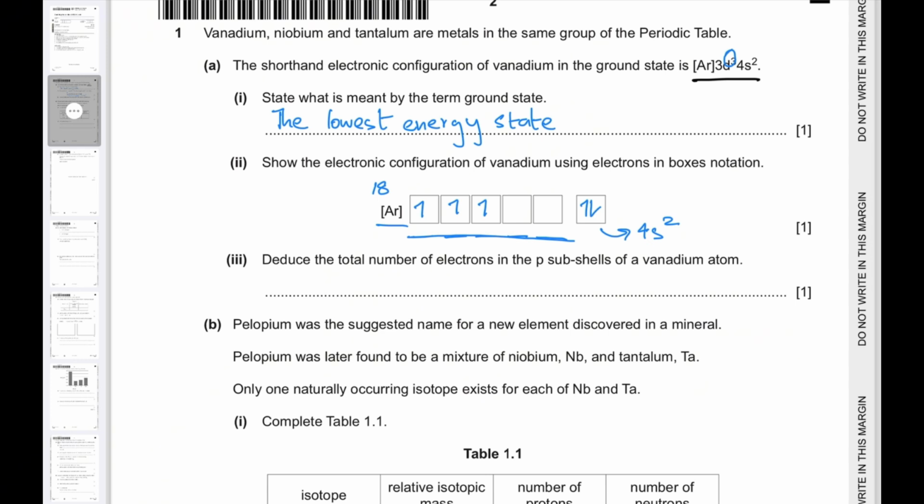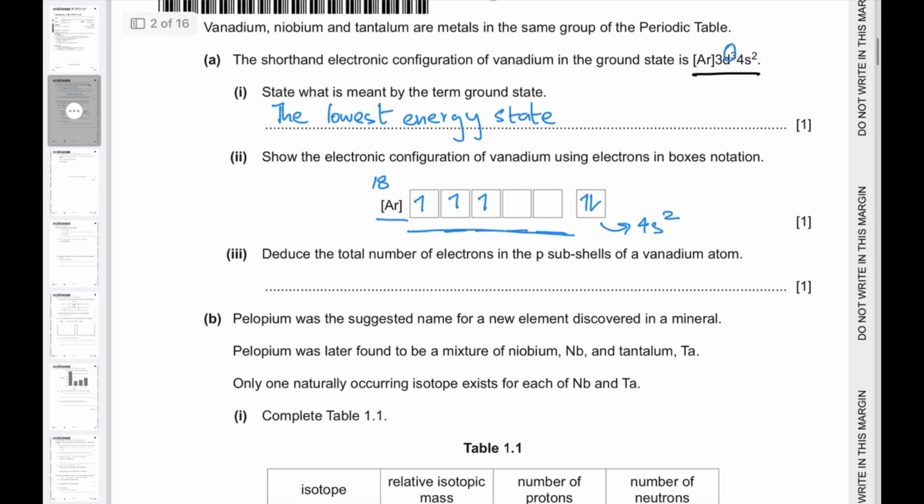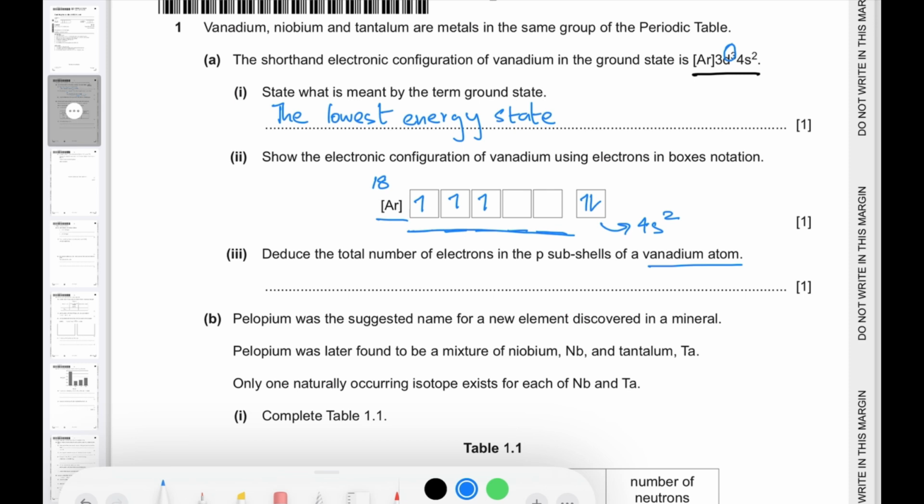Deduce the total number of electrons in the p subshells of a vanadium atom. Here you need to know the electronic configuration of the vanadium atom so you can add up the electrons in all of the p orbitals. Remember, you have subshells in all of the shells of an atom, and as the shell number increases from 1, 2, 3 in chronological order, the number of subshells also increases.